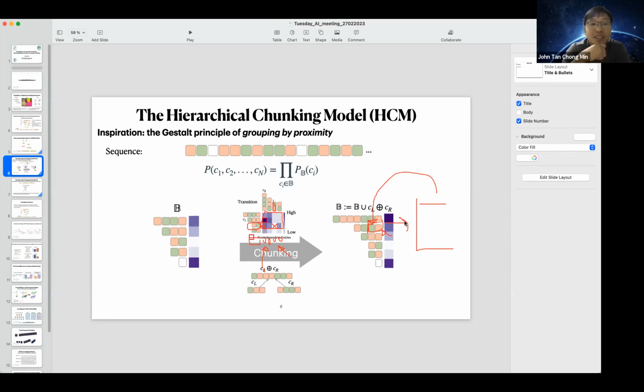But what about your new chunk over here? What you then do is take the probabilities of whatever comes into this chunk, right? Because your larger chunk is a combination of both, you just take the probability of whatever transition comes into this already known chunk here.